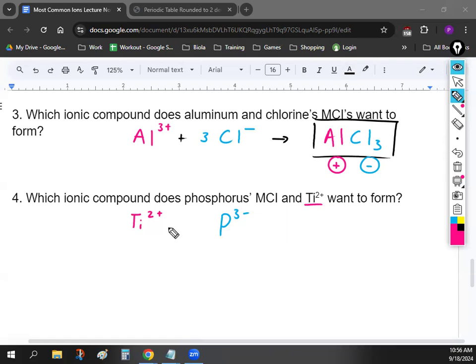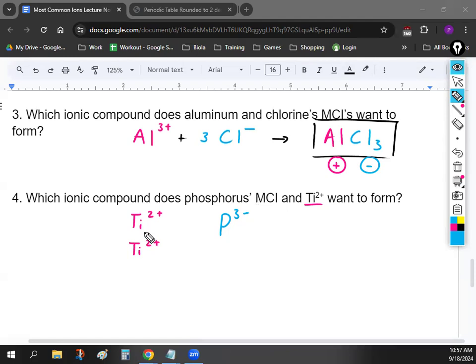All right, so for here, you're going to notice that you have more negative charge. So let's try to counteract that with some positive charge. So we're going to add Ti 2 plus. But if we do that, now we have way too much positive charge, right? Because we have positive 4. Yeah, go with the one that's given to you.